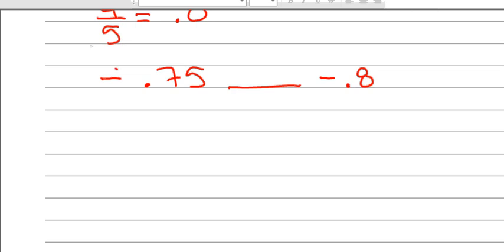So remember, I've got negatives. So whoever is closer to 0, whoever is smaller, let me write that down.